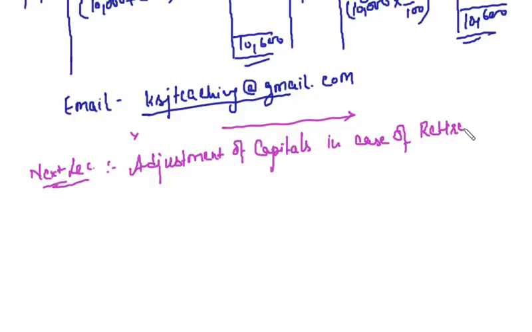We have done adjustment of capitals in case of admission also. So here also we are going to do this topic. For reference, you can go through those topics of admission. These are somewhere in the last lectures of admission. So you can go through those lectures, but I will go in detail in retirement also. Okay? So don't worry about that.